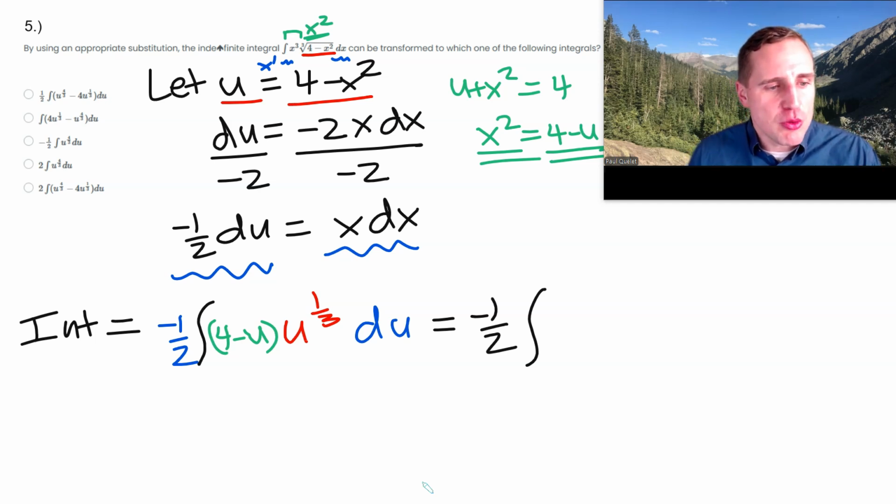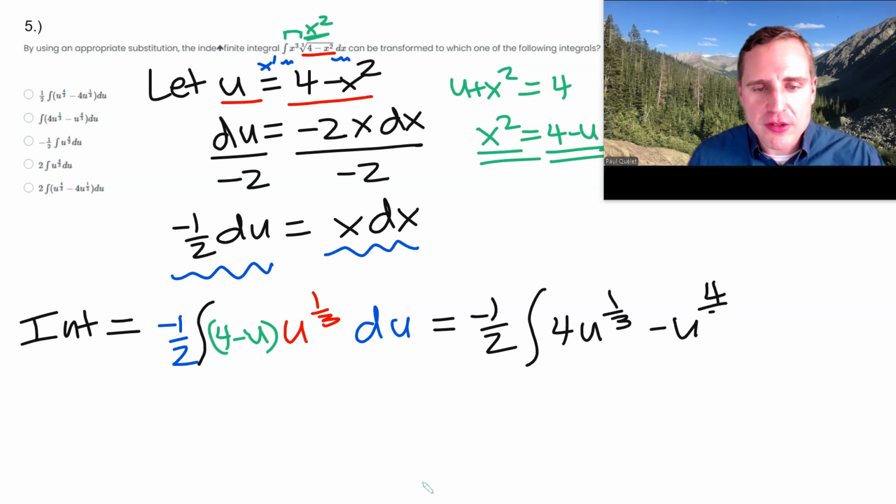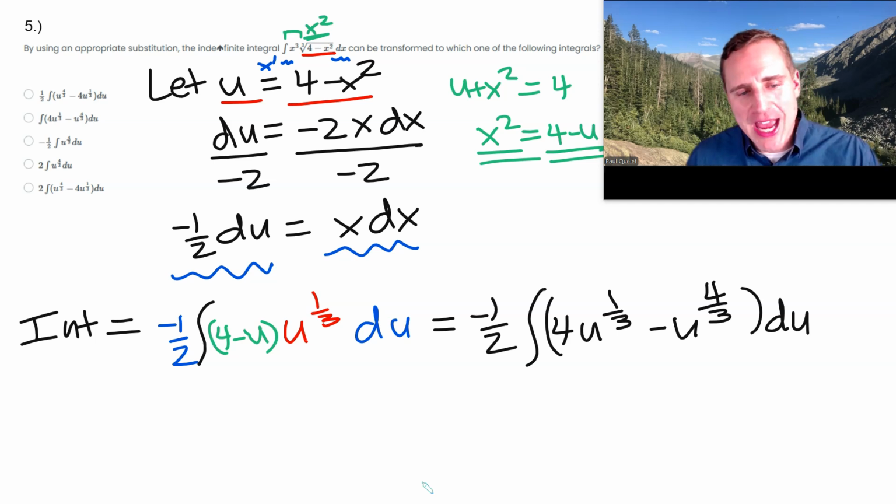So let's multiply u to the 1/3 into each of these terms. So we get 4u to the 1/3 minus u to the 4/3. Notice I'm adding powers here because this was u to the first. And then parentheses du. Well, notice we have a subtraction, but we also have a negative on the outside.